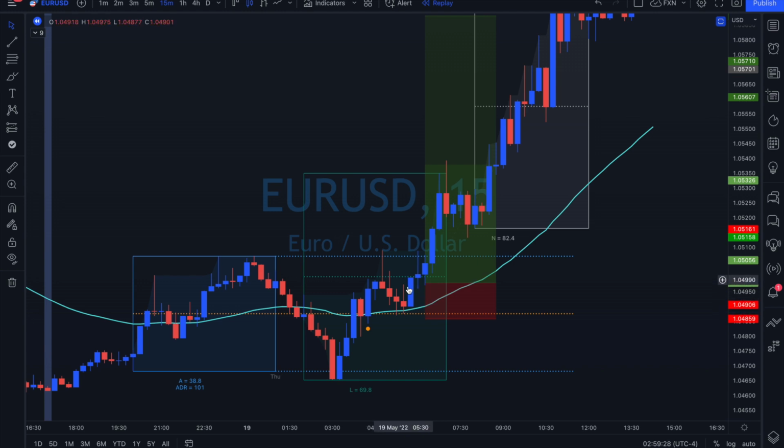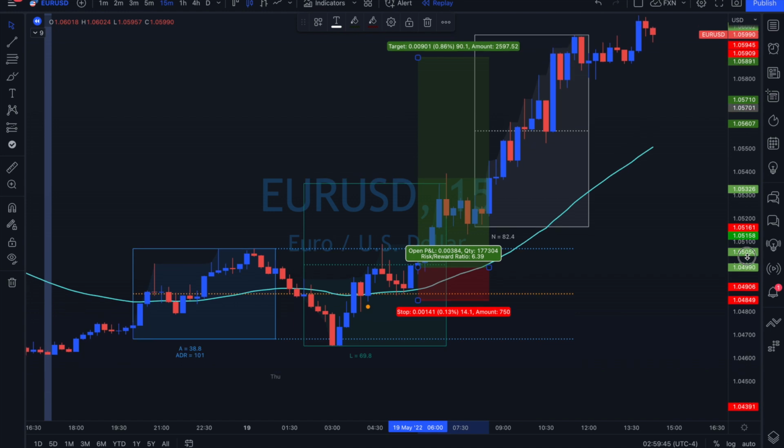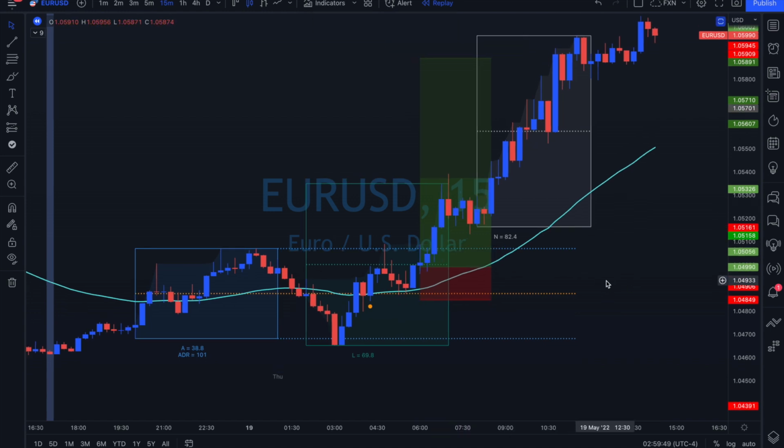And then we get this big bullish candle that comes out, takes out 1, 2, 3, 4, 5 candles previously. So we know that that is our move that we want to take. And the next candle is going to be our entry, because that's what we need for the confirmation.